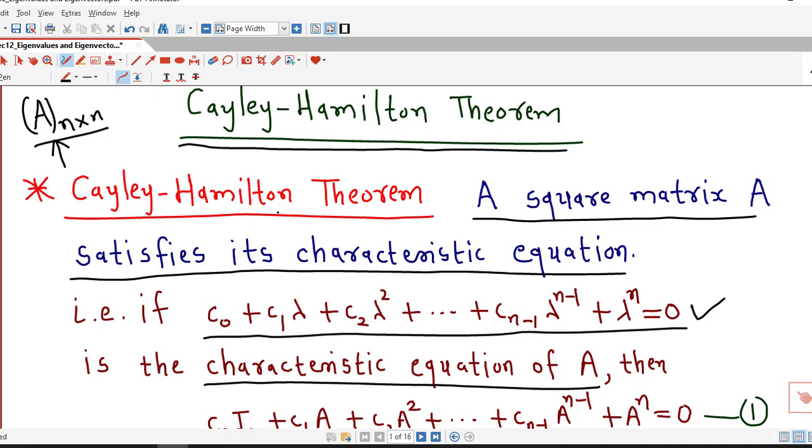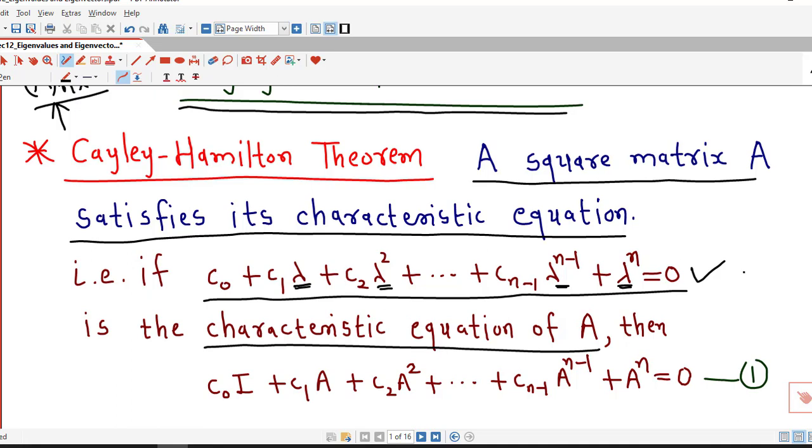So Cayley-Hamilton theorem says that if we replace this lambda by matrix A, then also this equation is satisfied. So if this is the characteristic equation of matrix A, then we can replace lambda by A in that equation.